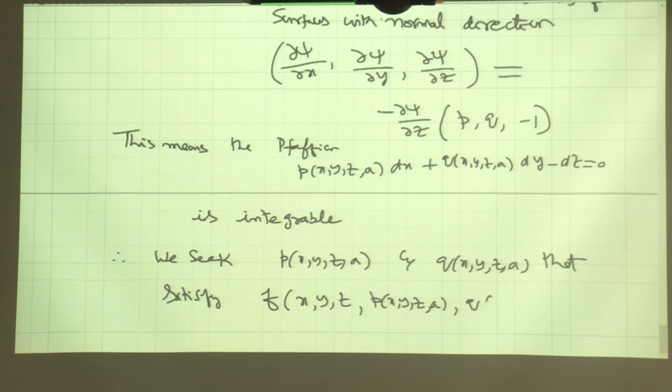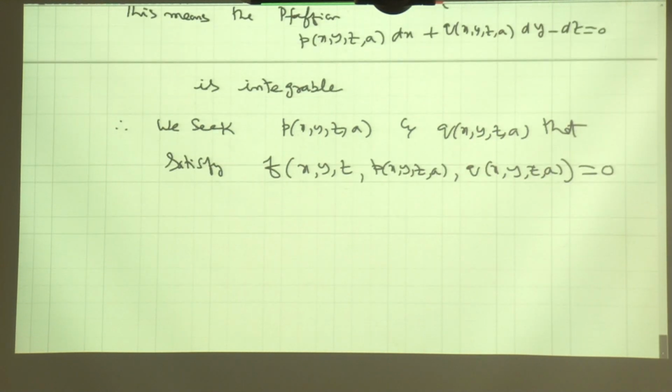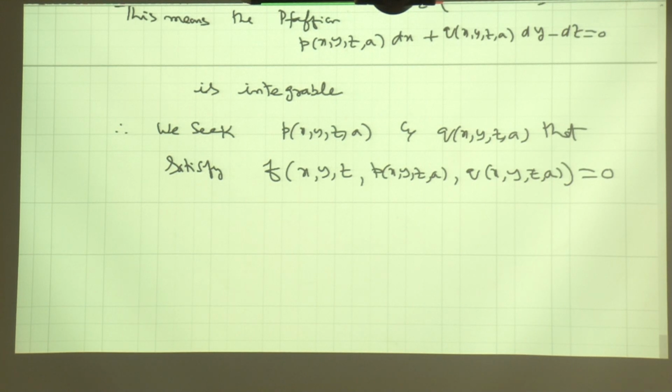This we discussed a short while earlier. We want to solve for P and Q, right? So it should be a solution to this. And that permits us to build an integrable Pfaffian equation. So we need this such that the Pfaffian which we wrote above is integrable.